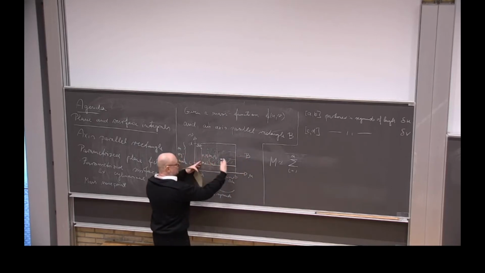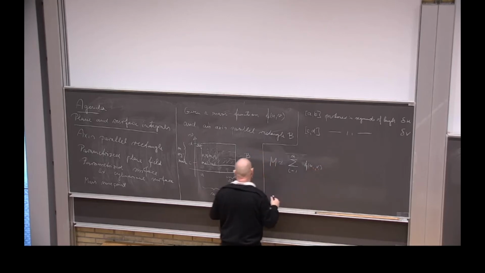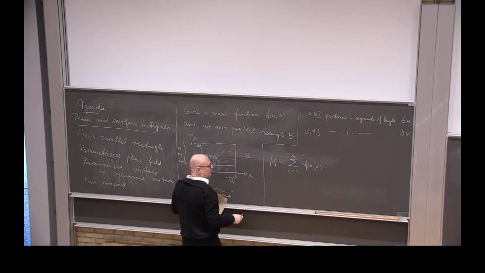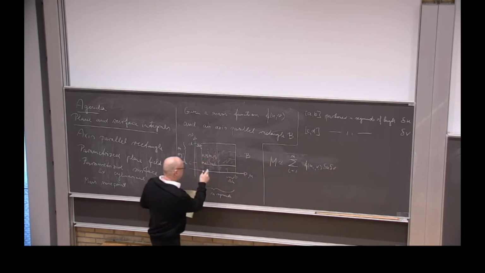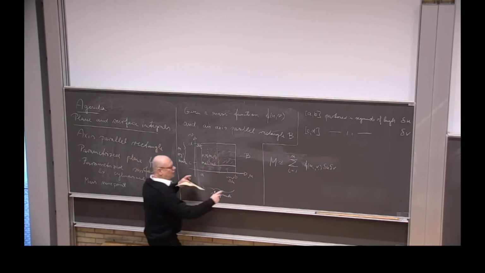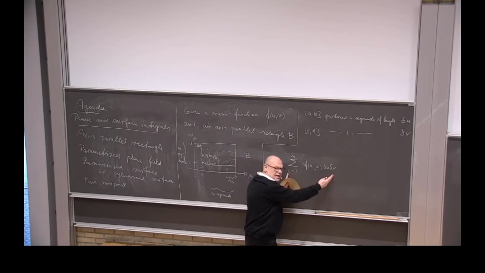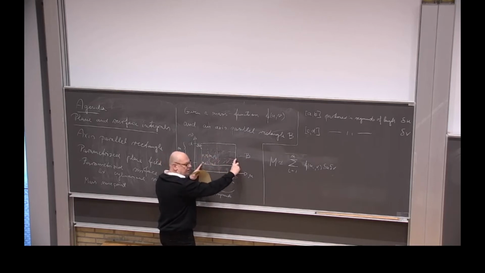So if I take this one, I'll take the left value here. That will be f of u_i, v1. This is for this first line here. And then I multiply by the area of each of these small rectangles here. So this will, in a sense, give me an approximation of the mass of this first strip here.